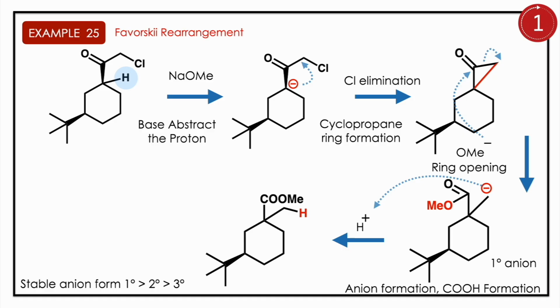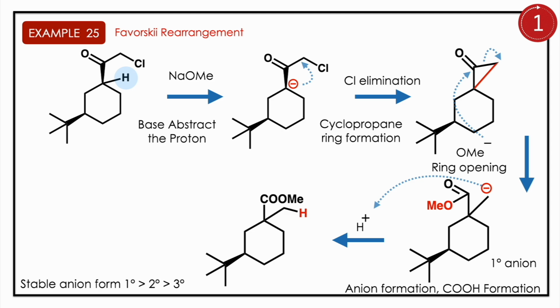So it is a Favorskii rearrangement. The first step will be abstraction of a proton. Proton abstraction happens and you have an anion. The anion attacks the chlorine carbon because chlorine is a good leaving group. The anion attacks, and you have a cyclopropanone. Then the cyclopropanone ring has to be opened. Why?